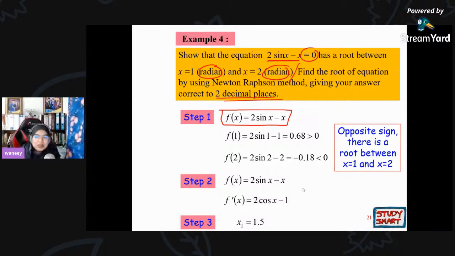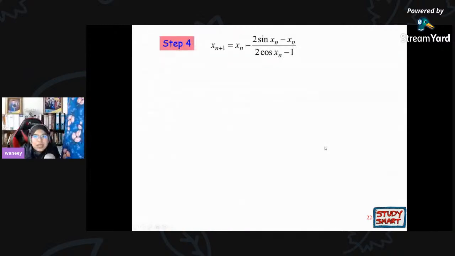Okay, so I already have the initial approximation, then we can use the formula. So x(n+1) is equal to xn minus f(xn) over f prime (xn). So the top one is f(xn), the bottom one is f prime (xn). Okay, so we're going to start with our initial value. So x1 is equal to 1.5. So the first iteration, x2.